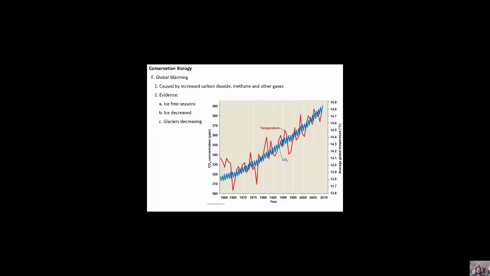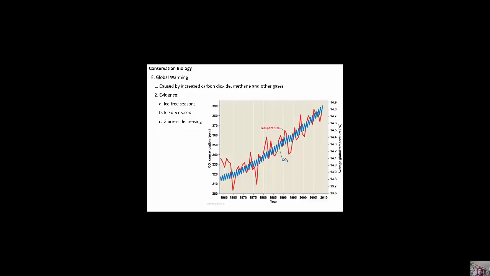And as the temperature increases, that permafrost is going to defrost, and then all the stuff trapped under it is going to be released. We think that when the permafrost melts, that may be one of the largest overall increases in greenhouse gases, because so many greenhouse gases are locked under that layer of permafrost.